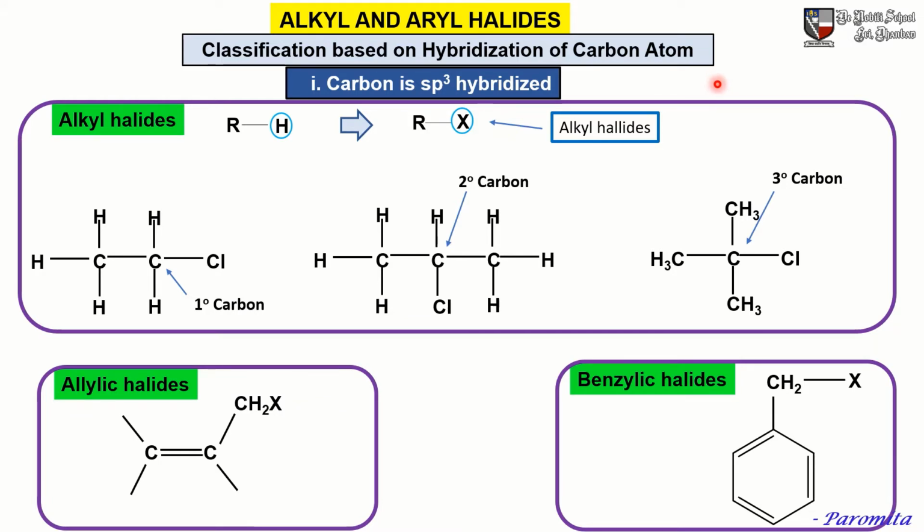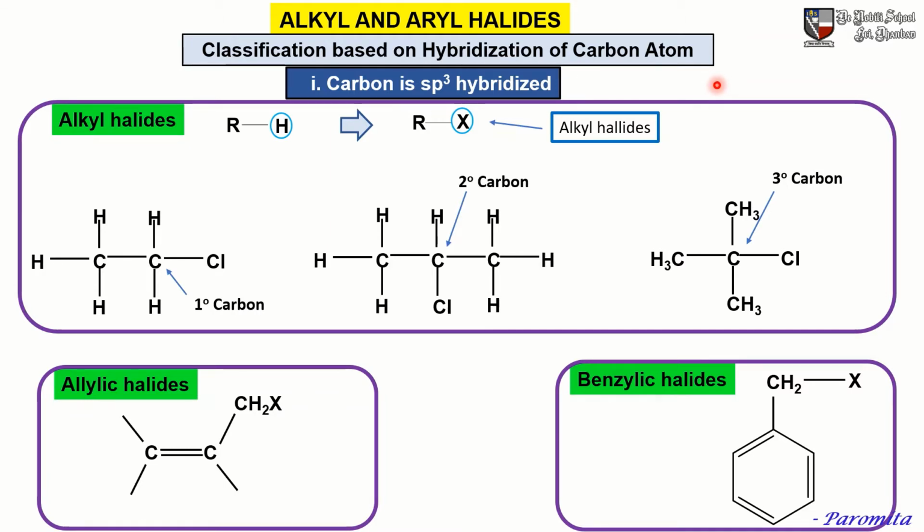For example, chloromethane that we have studied is monohaloalkane. Dichloromethane is dihaloalkane. Trichloromethane, which is known as chloroform, is a trihaloalkane. And carbon tetrachloride is an example of tetrahaloalkane.